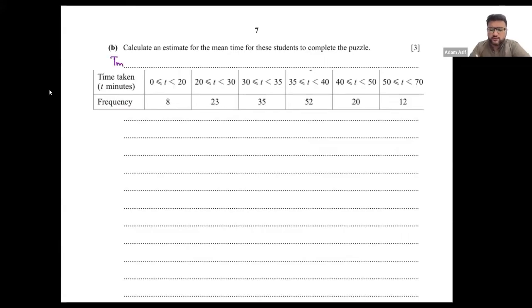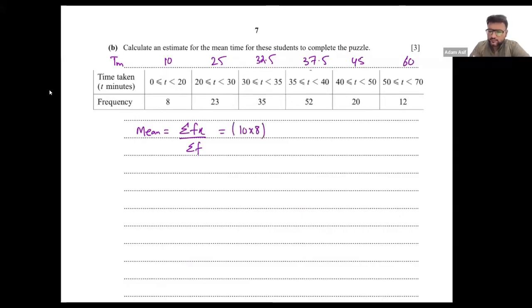The mid value for 0 and 20 would be 10. For 20 and 30, that's going to be 25. For 30 and 35, 32.5, then 37.5, 45, and 60. So to calculate the mean time, it's going to be sigma fx over sigma f.